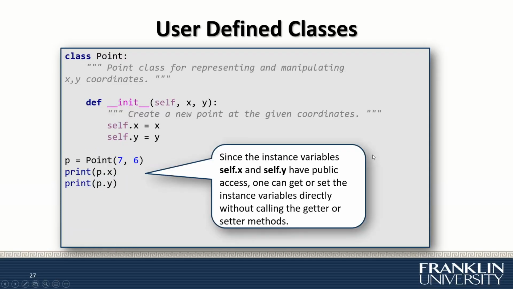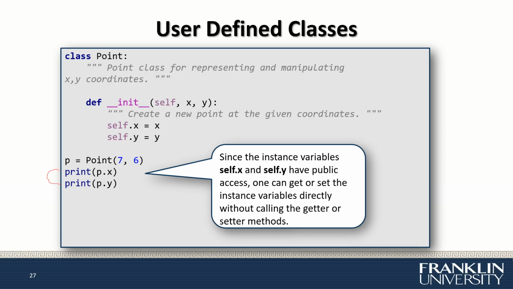And I want to say this because we declare the x and y attributes as public access. You can directly access the data without the getter or setter method.